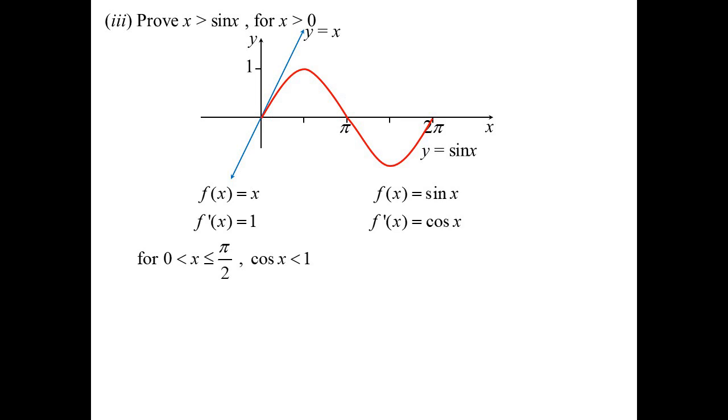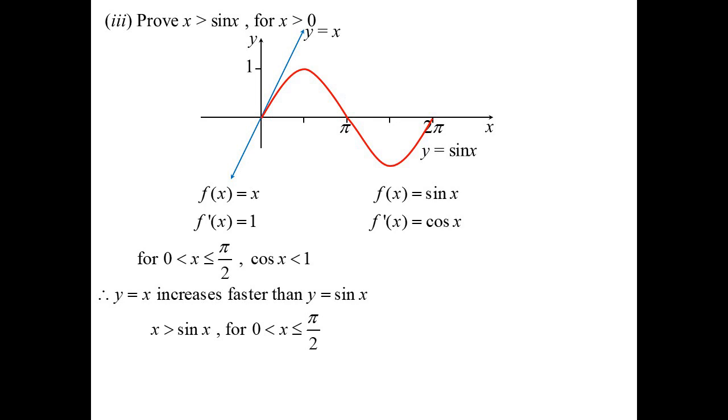But the slope of the line there is 1. Well, if it's going up with a slope of 1, but the red one is always going up with a slope that's less than 1, it must always stay underneath the line. So y equals x will increase faster than y equals sine x. So we know x is greater than sine x in the first quadrant.